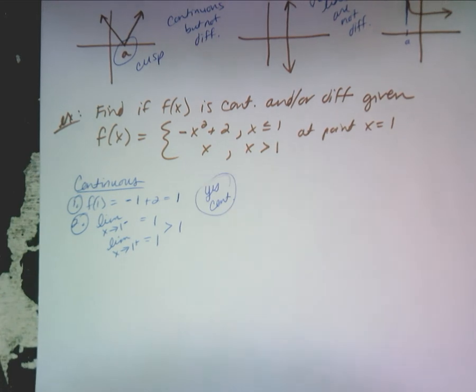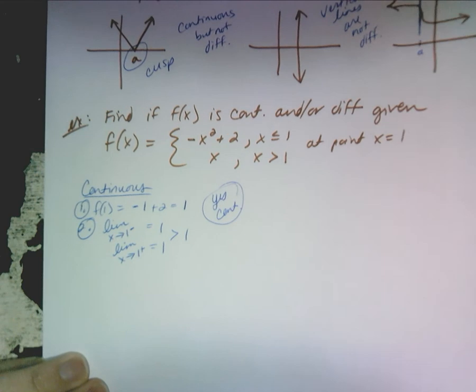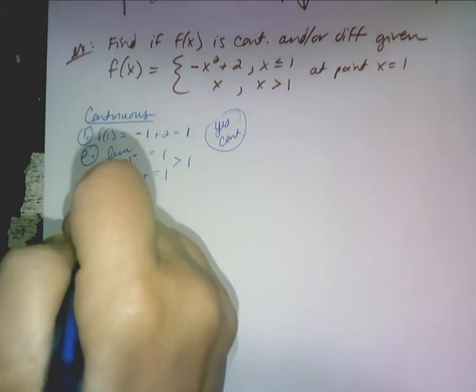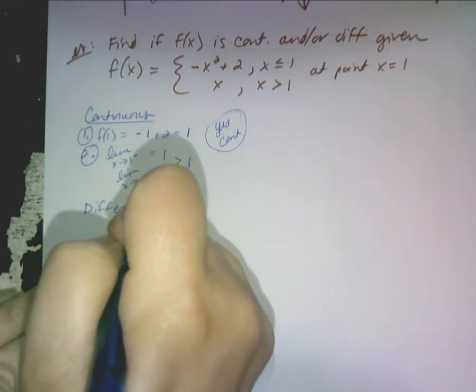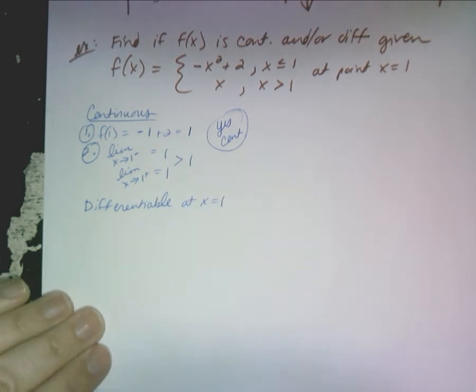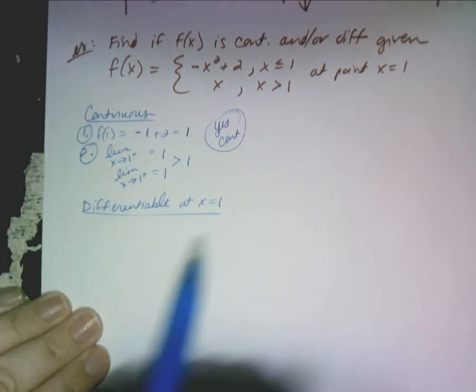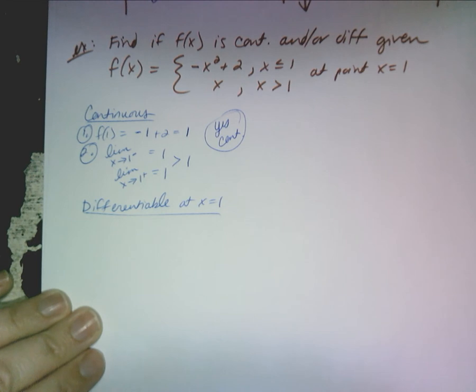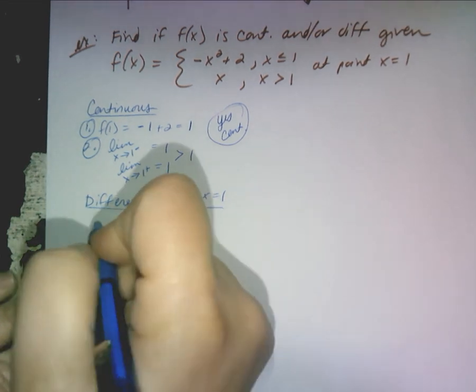Now we need to decide if we are differentiable. Differentiable is very similar. Differentiable at x equals 1. What you do is you have to take the derivative for a piecewise. You have to take a derivative of the left or the top and see if it equals the derivative on the right, on the bottom.